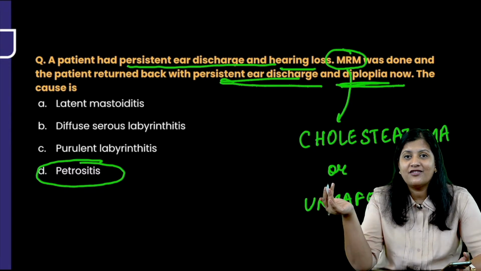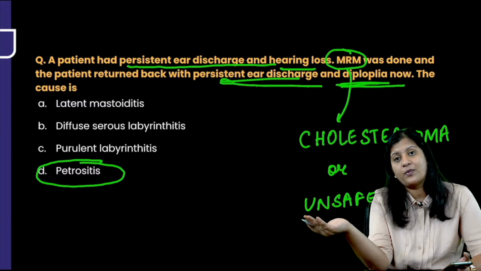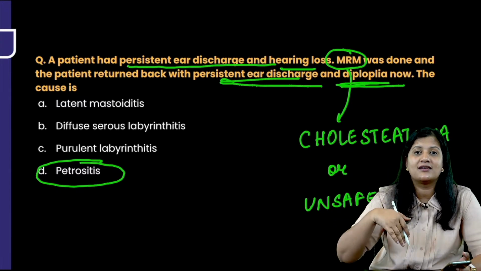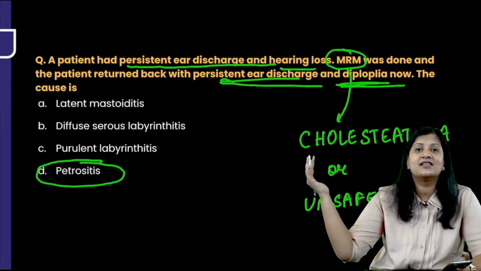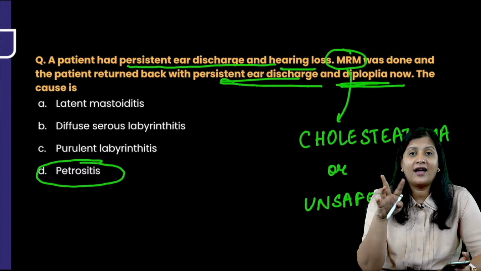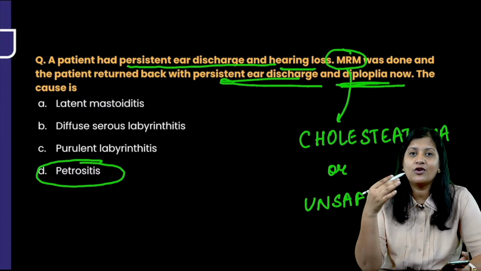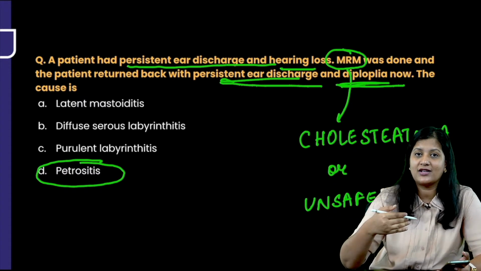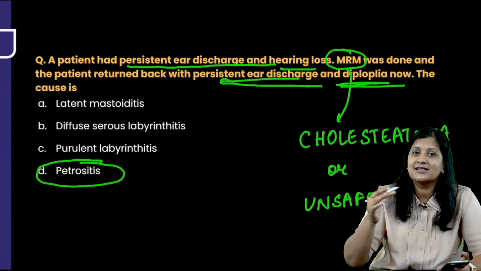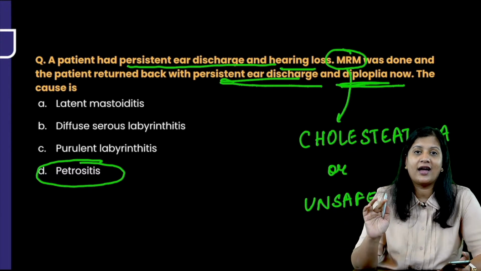But in CSF rhinorrhea, the patient is made to lie supine and on bending forward, there is CSF or watery nasal discharge coming off. That is the reservoir sign for CSF rhinorrhea. So your question will not have both mastoiditis and CSF rhinorrhea as options. They will not give you that option at all because the context of both is different. So I hope you got the idea now. Okay?